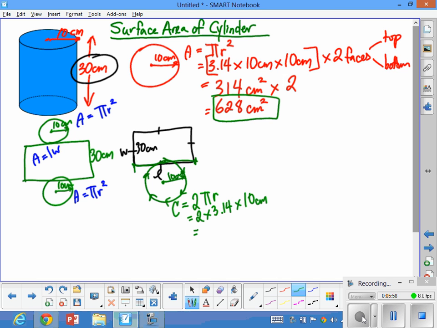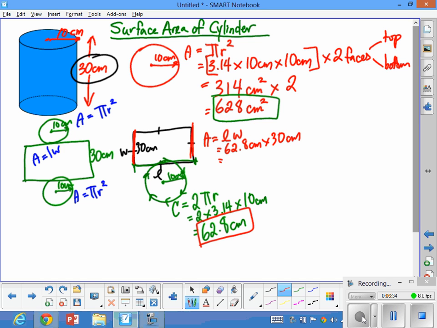So 2 times 3.14 times 10 is 62.8 centimeters. We have just discovered the length of the rectangle. Now we go back to our formula. The area of any rectangle is length times width. So our length, we said, is 62.8 centimeters, and our width on this side is 30 centimeters.